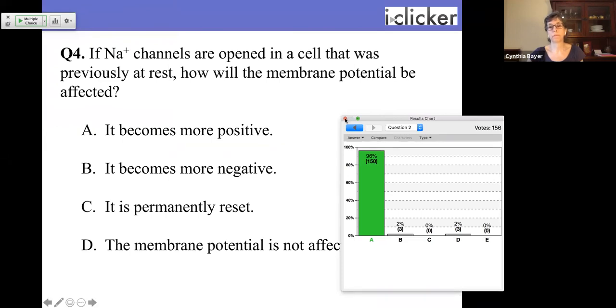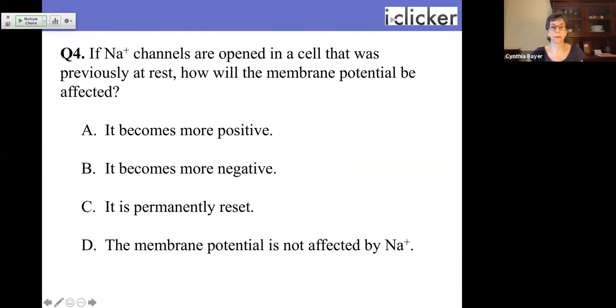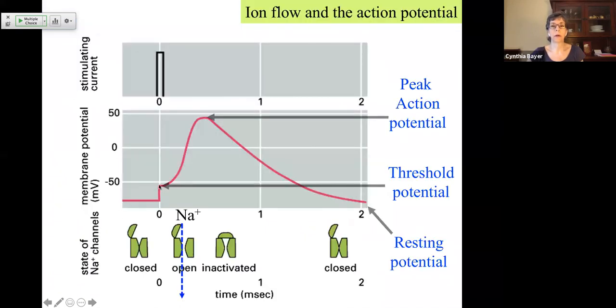When it reaches minus 60, that's what we call our threshold potential. At minus 60, those sodium ion channels open, allowing sodium to enter, and it keeps becoming more and more positive until it reaches the peak of the action potential.